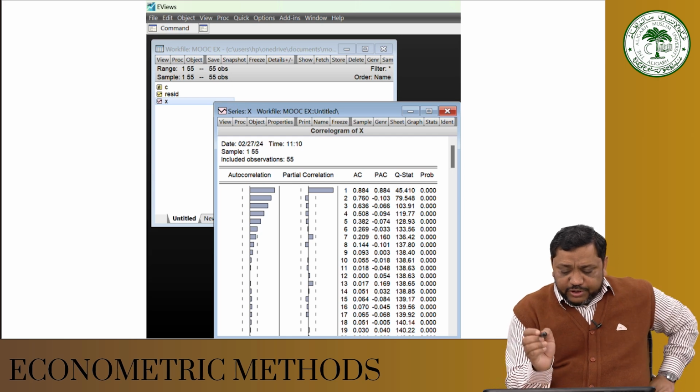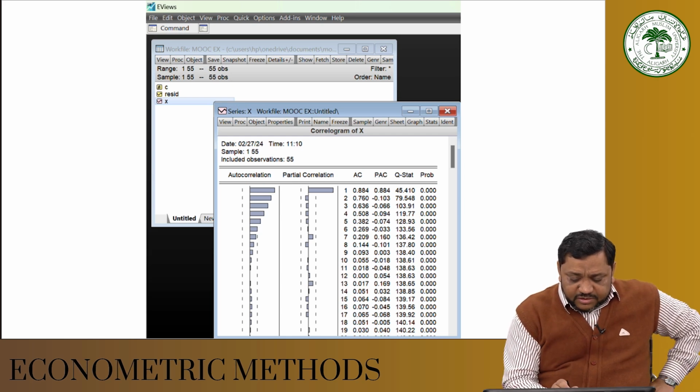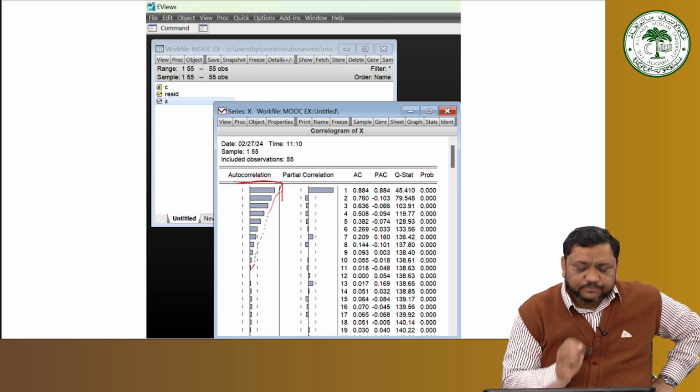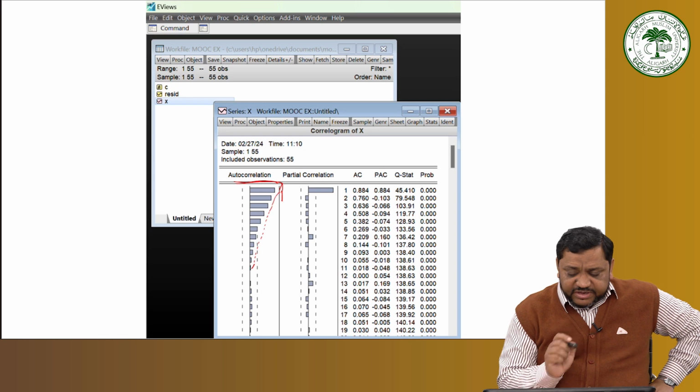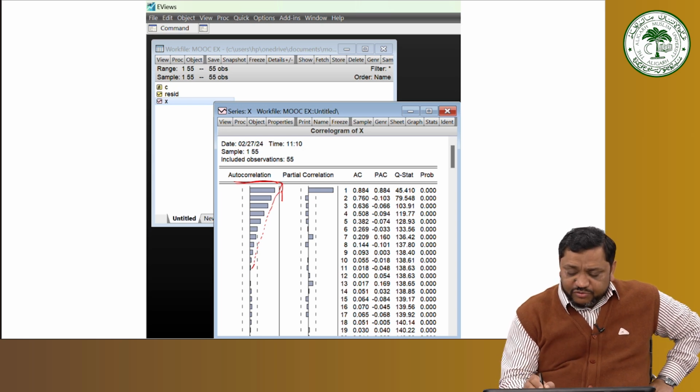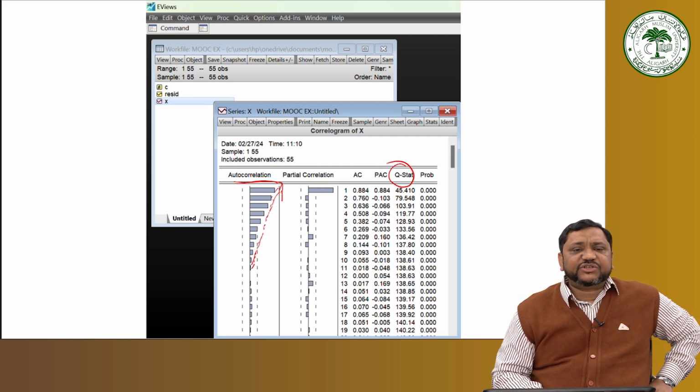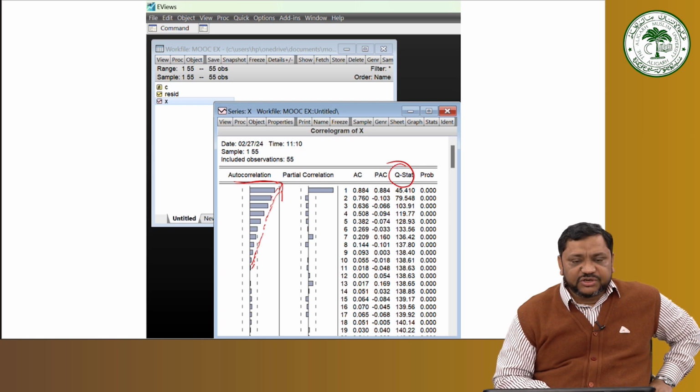Now, I am showing you this picture where the autocorrelation functions are declining slowly. This gives a hint, and the Q stat, which we discussed in our previous class, is also given here. So we can get a feel for whether this data is stationary or not.